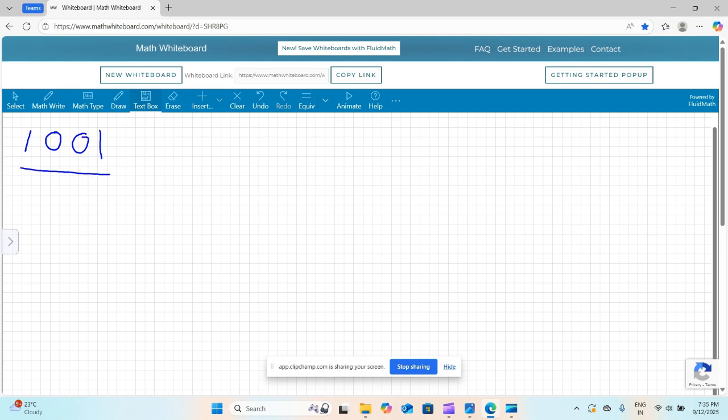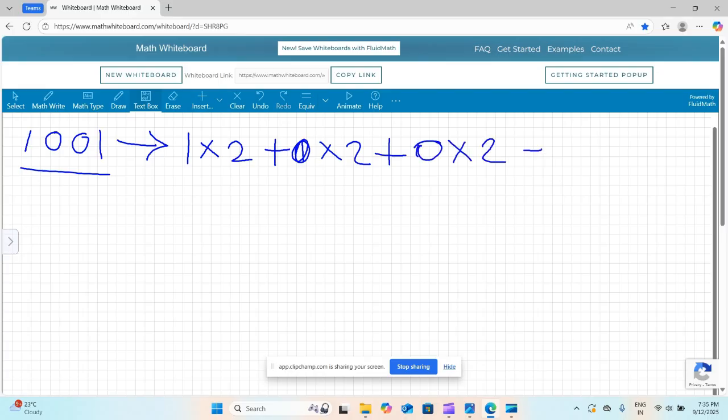This is one binary number. Now which decimal number does this represent? For this, you just need to write the powers of 2. What power will come, I will tell you here.